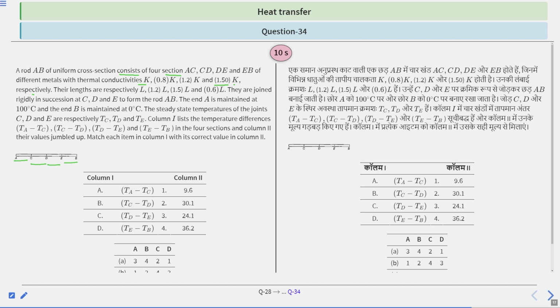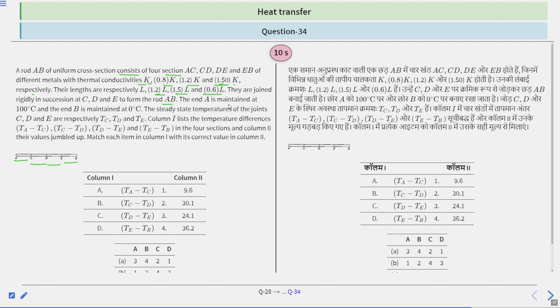So this is for the first, second, third, and this is for the fourth. Their lengths are respectively 1.2L, 1.5L, L, and 0.6L. They are joined rigidly in succession at C, D, and E to form the rod AB.